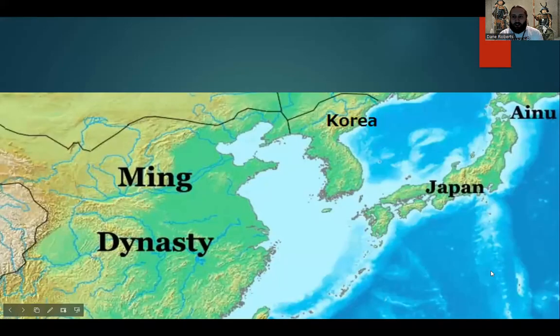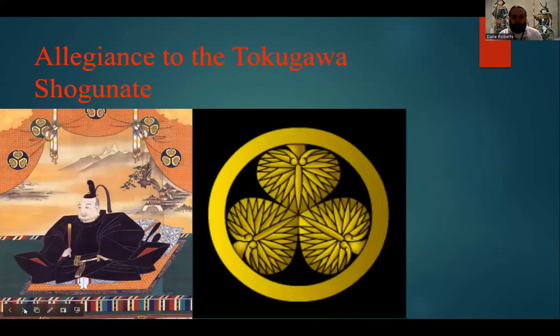And eventually, Date Masamune, much like Chosokabe Motochika and Shimazu Yoshihiro, would participate in the Japanese invasions of Korea and the Ming Dynasty. He would also eventually, after the death of Toyotomi Hideyoshi, side with the Tokugawa shogunate during the unification of Japan under Tokugawa Ieyasu.